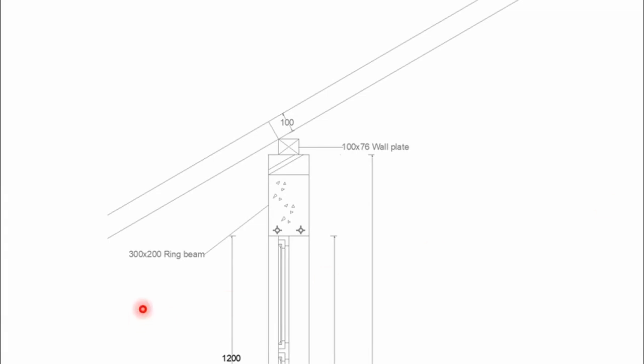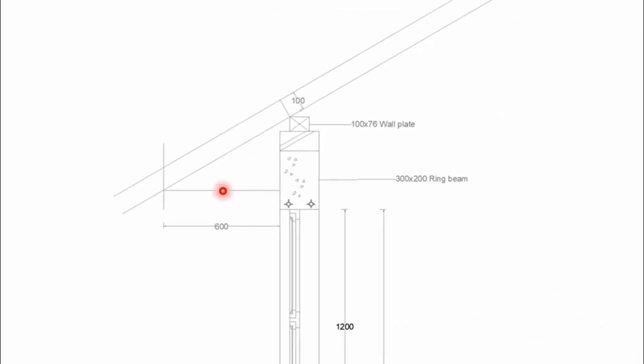And the next thing is to measure the distance for the eaves here, so that we can terminate the rafter. So measure that 600 and terminate with a line, terminate that rafter. That's the position of the fascia board.